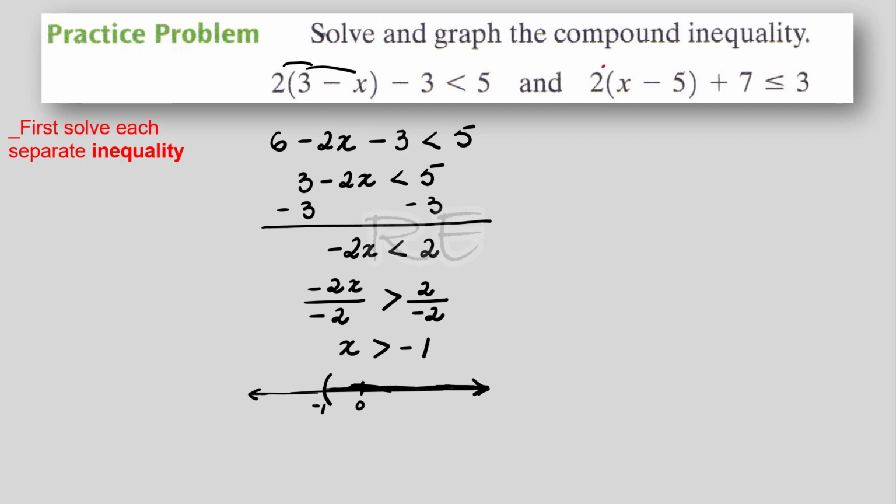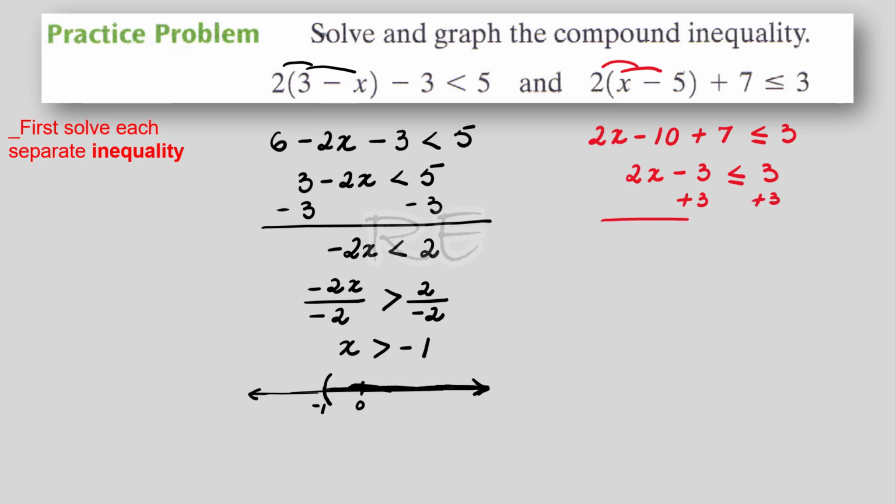2 times (x minus 5) is 2x minus 10, 2 times negative 5, plus 7 less than or equal to 3. Negative 10 plus 7 is negative 3. So 2x minus 3 less than or equal to 3.